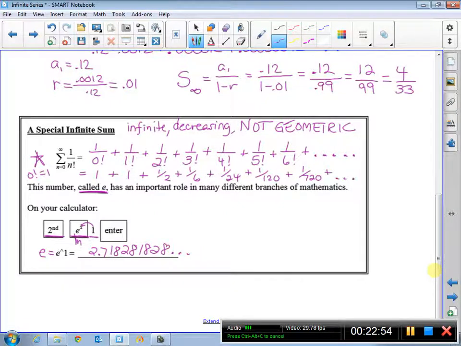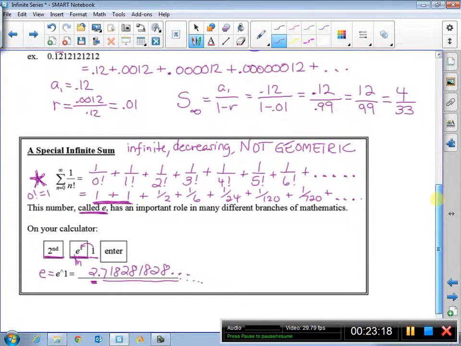If we started adding up all these fractions together, here's your 2 right here, then your fractions start adding on, they get smaller and smaller and smaller, so we end up with 2.718281828, yada, yada, yada. So it's just kind of cool, a little extra thing there. It is not geometric though, there is no common ratio, so we can't use that formula up above.